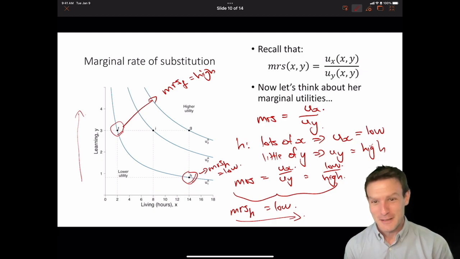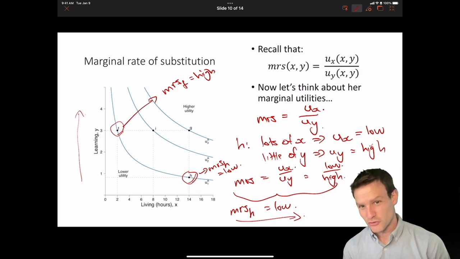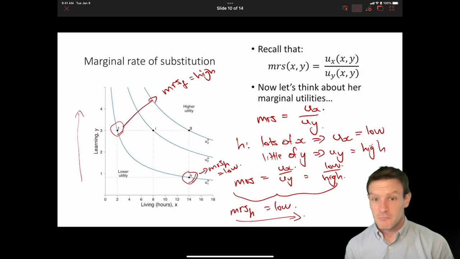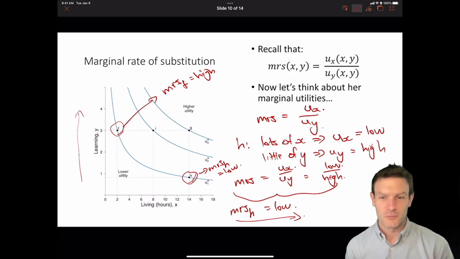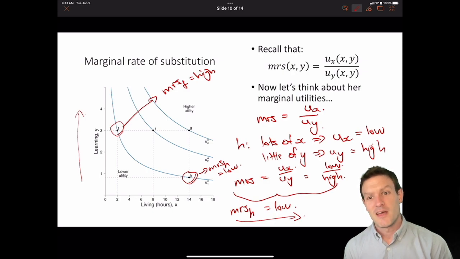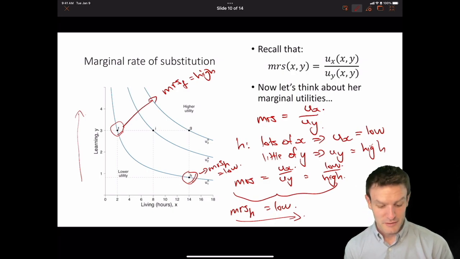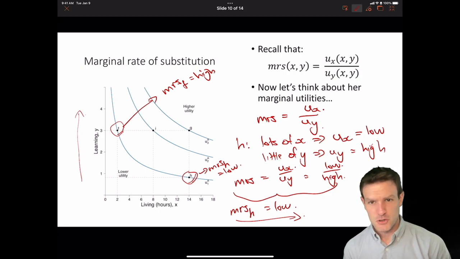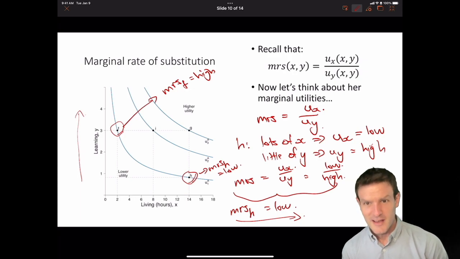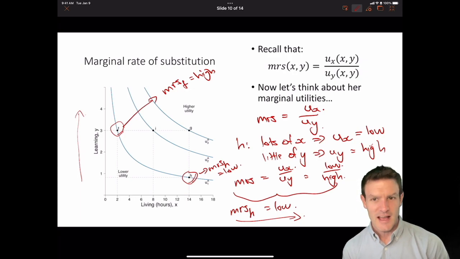She doesn't want to give up much learning in order to get an additional unit of living. In fact, it could be the opposite. She'd actually be willing to pay a significant amount of living in order to get a good chunk more of learning if she could. And so that is how we think about the relationship between diminishing marginal utility and the marginal rate of substitution and willingness to pay.